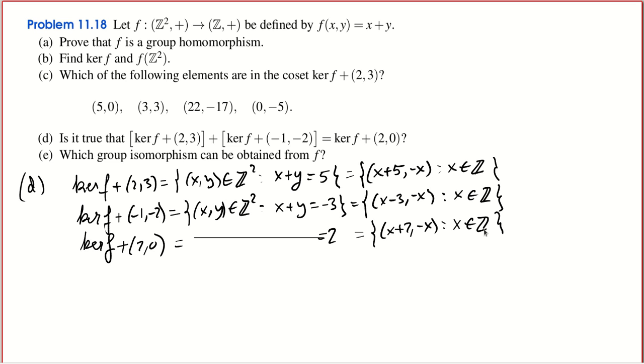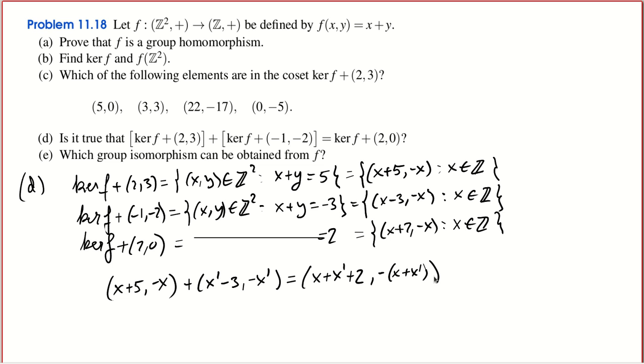So if we add any element from this and any element of this, so let's take an arbitrary element of the first coset and an arbitrary element of the second coset, what we get is x plus x prime, and 5 minus 3 is 2, and here we get minus x plus x prime, which is minus x prime, which is equal to that, and that is of course an element of this coset here.